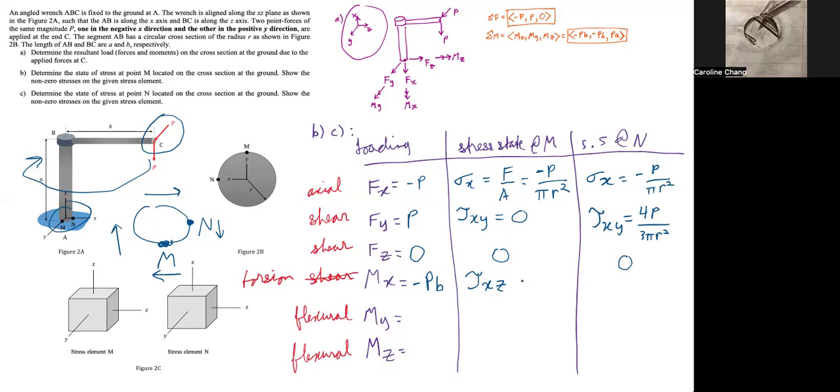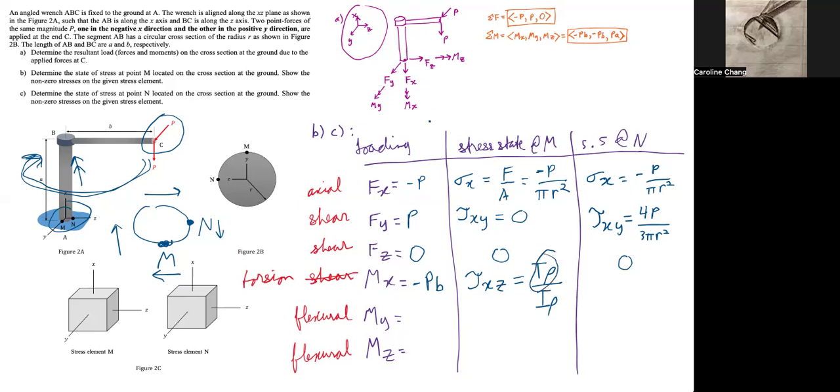And so tau xz will be given by the formula for shear for torsion, which is torque times rho over the polar moment of inertia. And the torque will be given by the moment, since there's only one moment over here, which is Mx, in this direction. And it's going to cause a twisting, and that will be our source of torque.